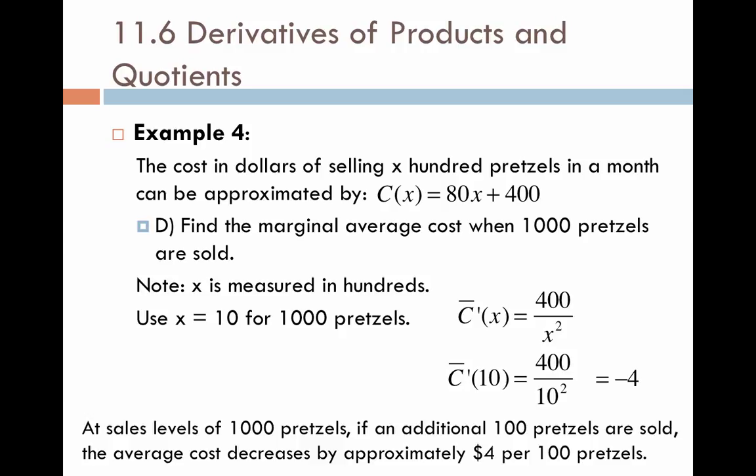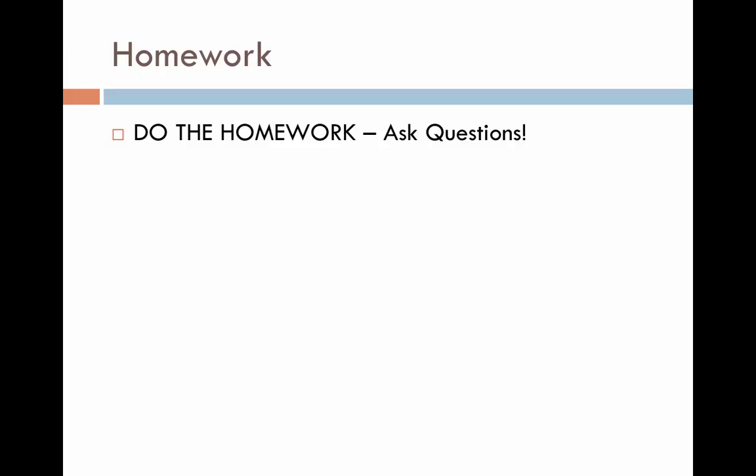So at sales levels of 1,000 pretzels, if an additional 100 pretzels are sold, the average cost decreases by approximately $4 per 100 pretzels. So the negative means that the average cost is decreasing. And that's it for this section.